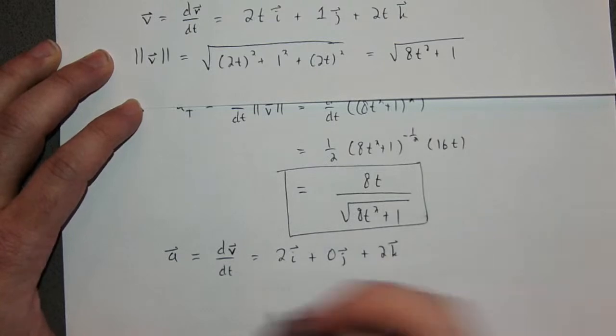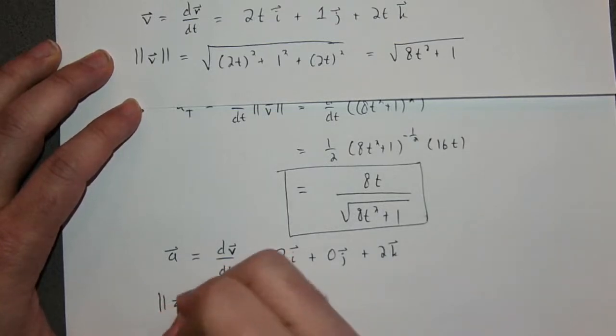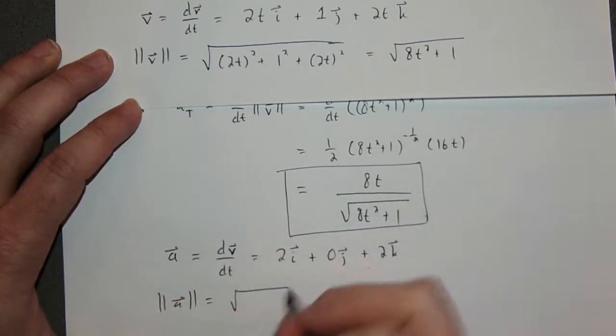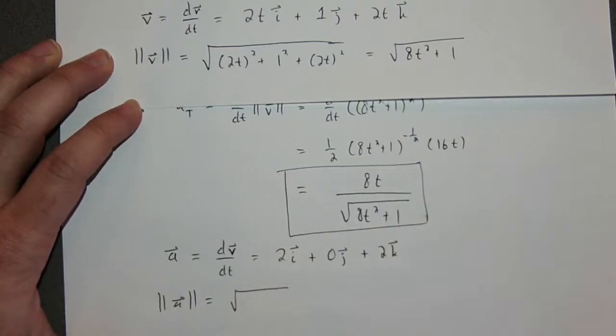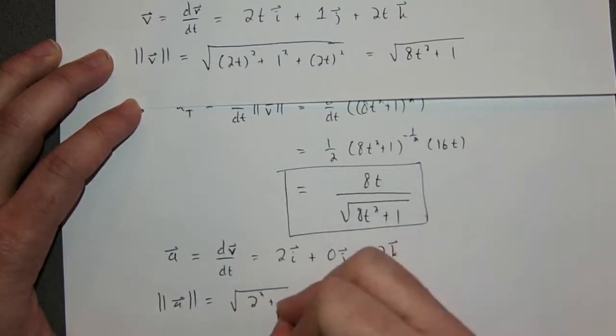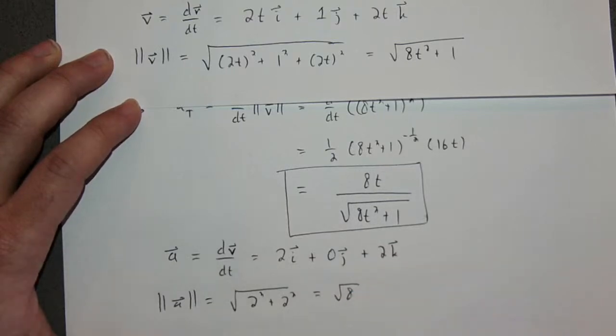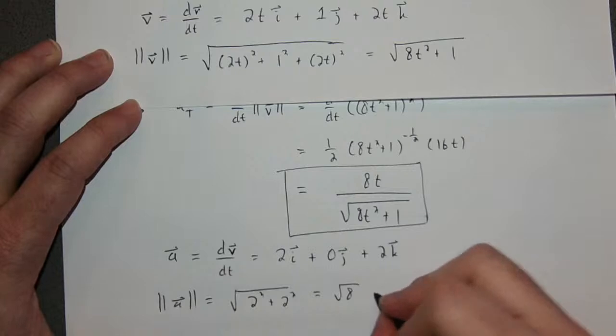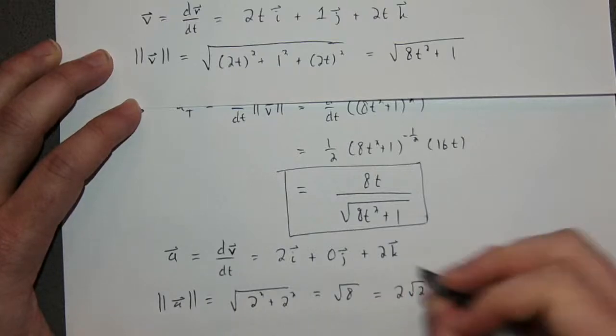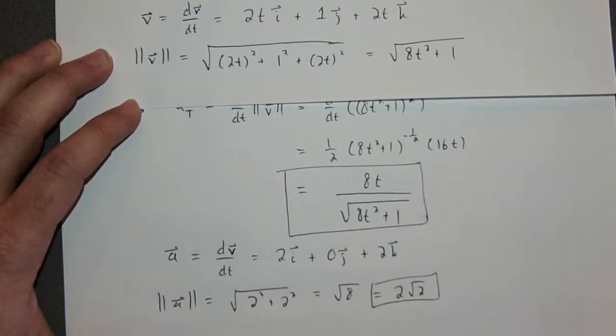All right, so then the length of my acceleration vector is the square root of 2 squared plus 2 squared. So that's the square root of 8. Or if you really care, this is 2 root 2.